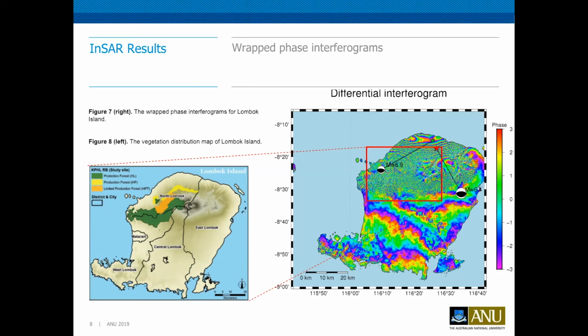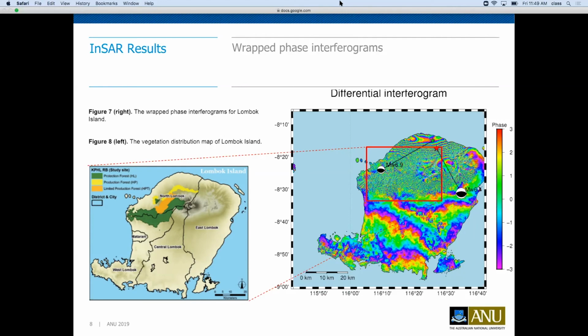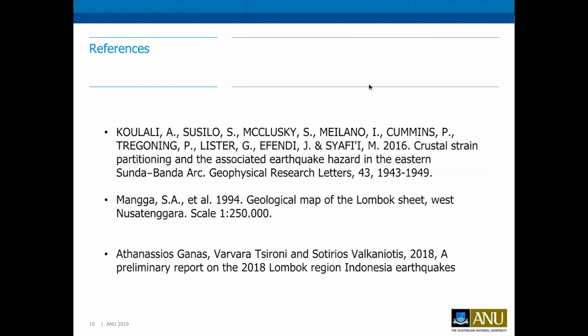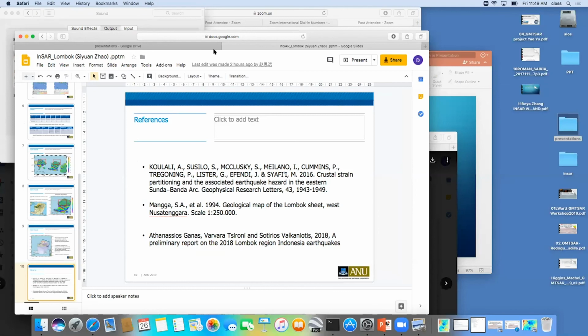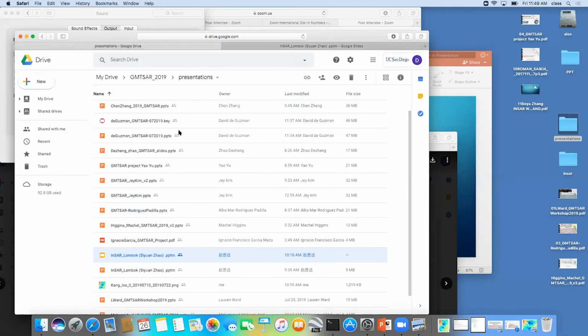Two. I'm sorry. Okay. Good. How do I get out of this without killing it? There we go. Go back to Google Drive. Can we find yours here?